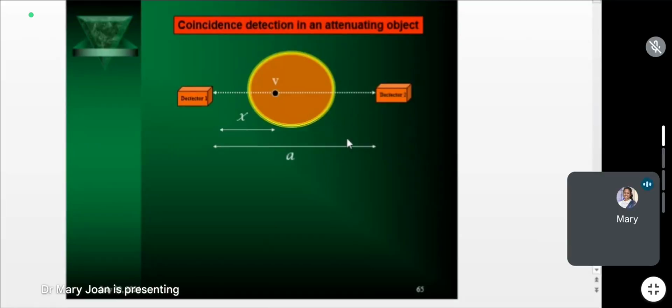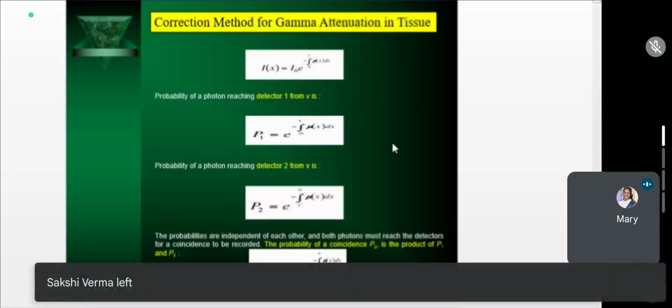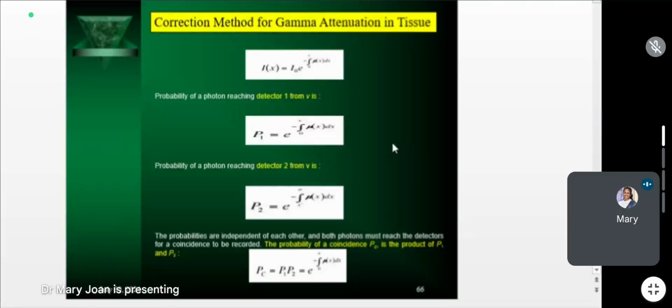So now we have understood there is this distance traversed and the total distance between the two detectors. You don't need to remember all these equations. The correction method for gamma attenuation in tissue uses the probability of a photon reaching detector 1 and the probability of a photon reaching detector 2.